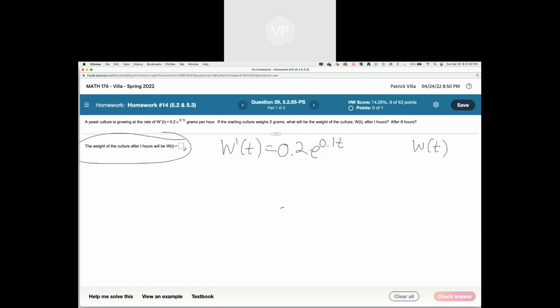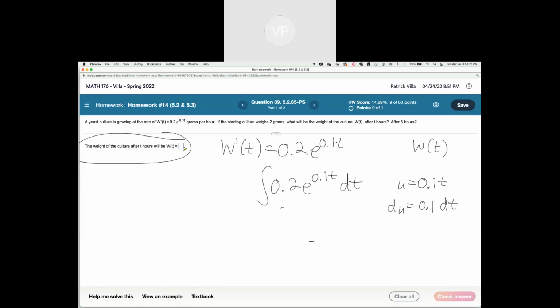All right, how do we get it? We're going to take the integral of this. And I will do a u substitution just because I want to get that power a little cleaner. So du equals 0.1 dt.